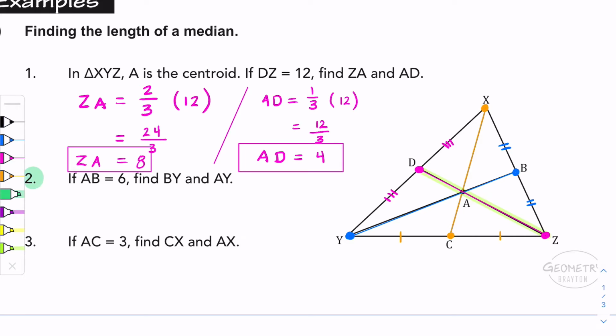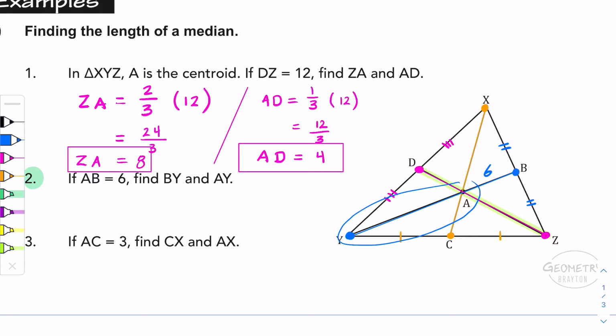Number 2 states that AB is 6, and we're looking to find BY and AY. So our statement is telling us that this segment, AB, is 6, and we're looking to find the entire length and also this shorter length.